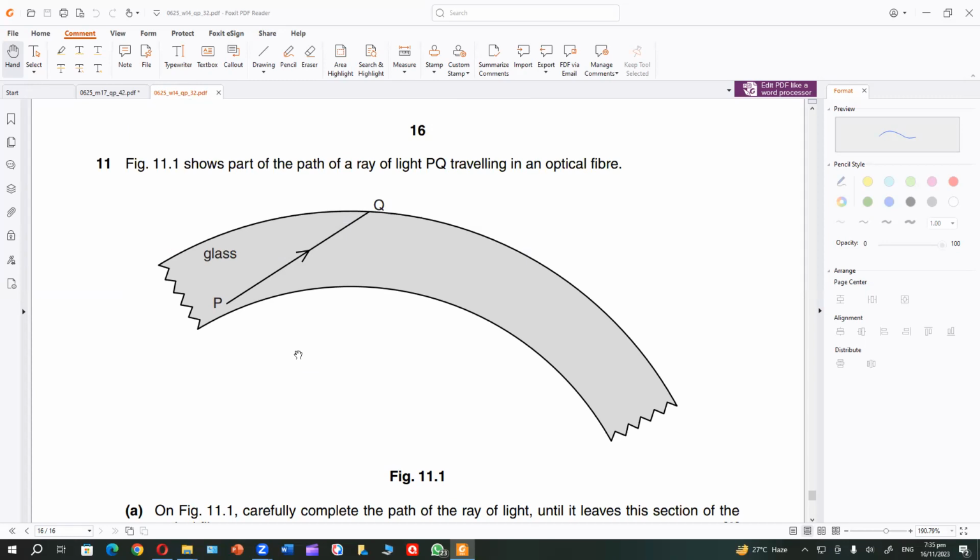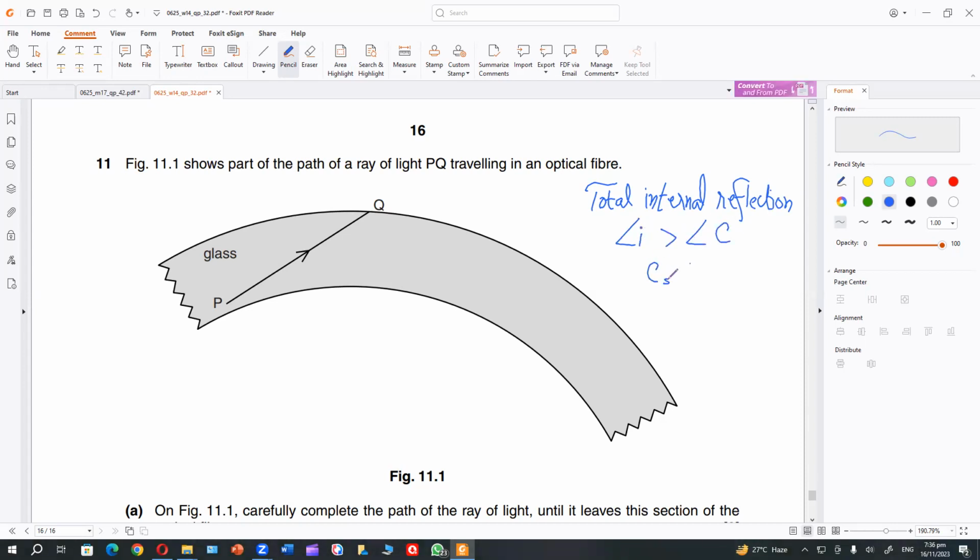Now we have to mark it here. So please make the notes with me also as I'm writing.